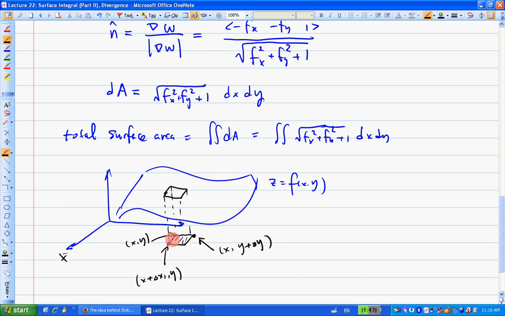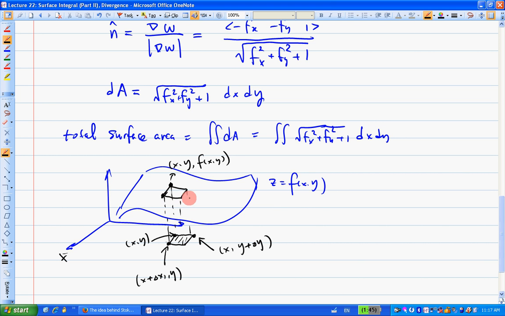So basically, this little guy here has a delta x and delta y on both sides. Then going upward here, for this coordinate (x, y), basically giving a point (x, y), at this point the height can be obtained from z equal to f(x, y) here, right? Now, what will be the coordinates of this point then? It will be (x, y, f(x, y)). So that's the coordinates of that point.